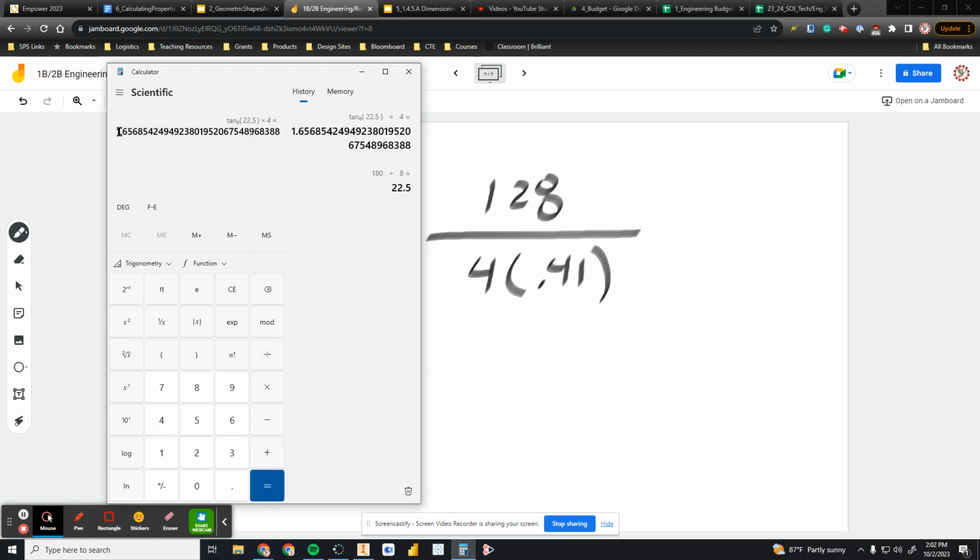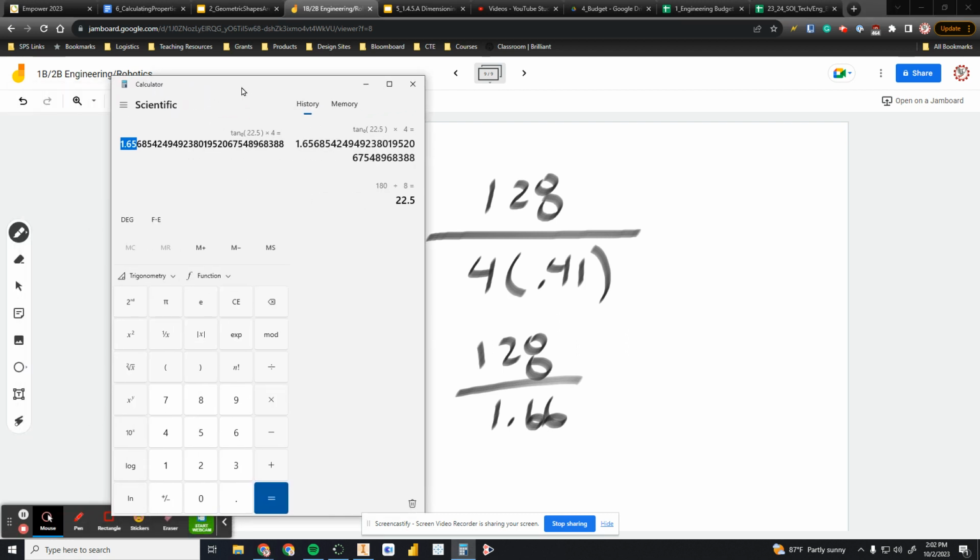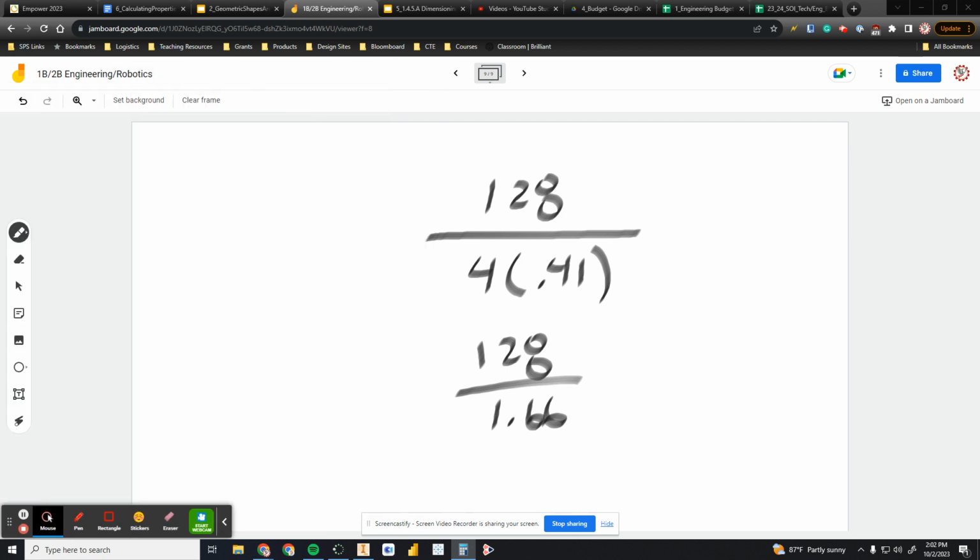All right, so now we have 1.6, let's see, 1.7. So 128 divided by 1 point, we'll say, take it to two decimal places to keep it consistent as well. Okay, so now we have 128 divided by this. So 128 divided by the 1.66, and that works out to be our area of 77.1.